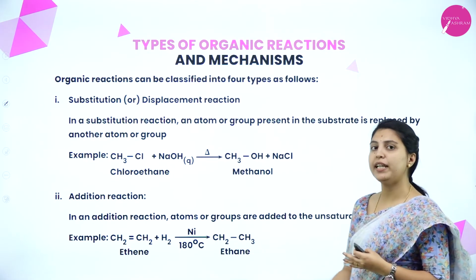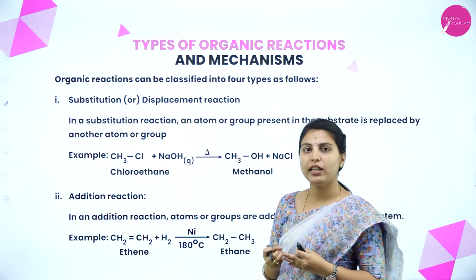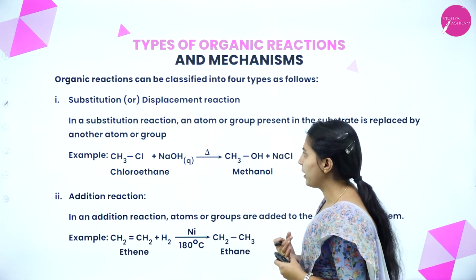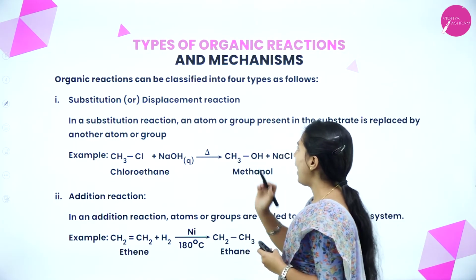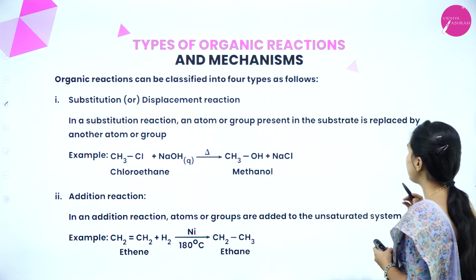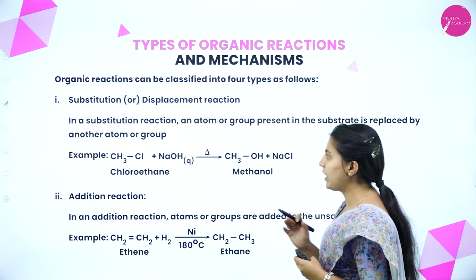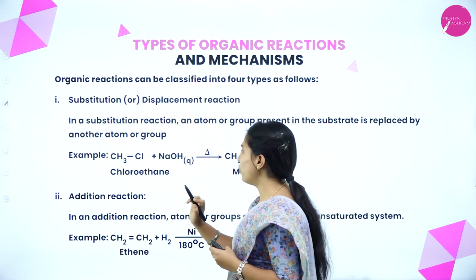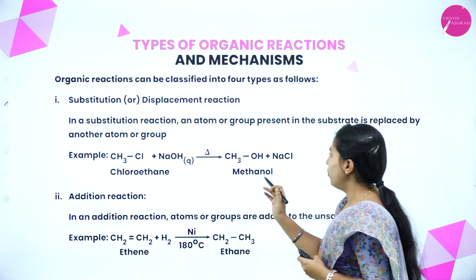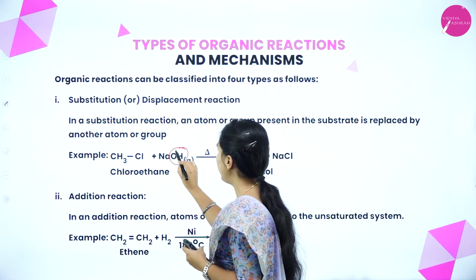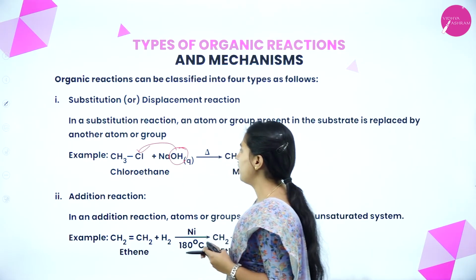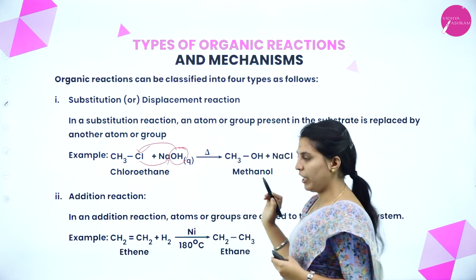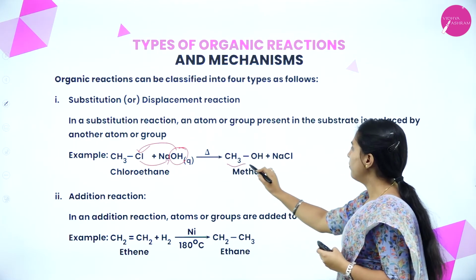One molecule will be attacked by another molecule and a new compound will be formed. In a substitution reaction, an atom or group present in the substrate is replaced by another atom or group. That is chloroethane with a base. So, this OH will be replaced here and Cl will be displaced. So, it will form ethanol.